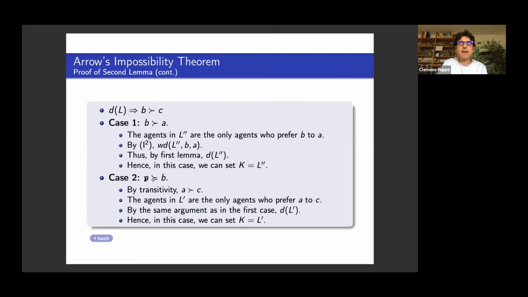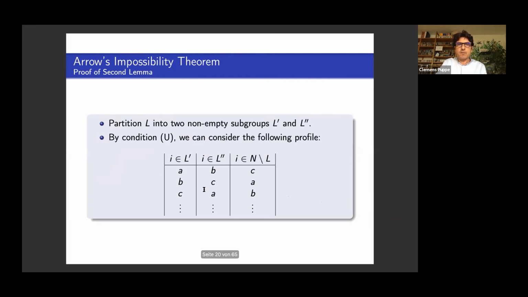Second case, A is at least as good as B. We know by transitivity now, A is at least as good as B. We know from the beginning that B is better than C. So by transitivity, A is better than C. Now, who thinks that A is better than C? Only the people in L prime. Look, only those find that A is better than C. All other people think C is better than A. What does that mean?